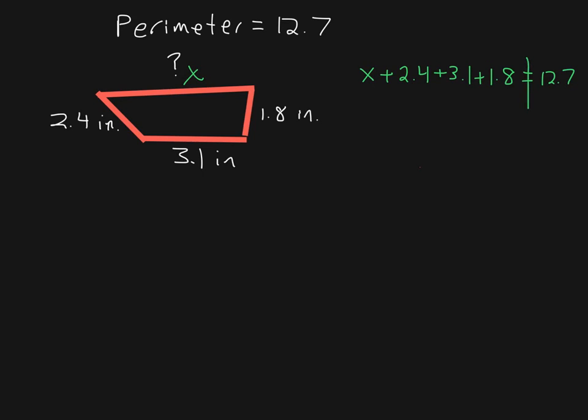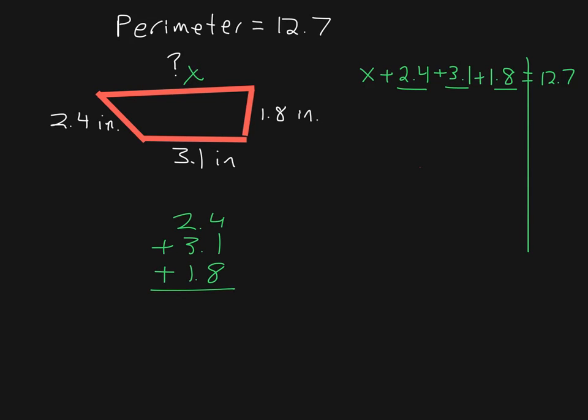Now if we're going to solve this equation to find x, we're going to draw our line. Now we're going to need to combine like terms. So I'm going to combine 2.4, 3.1, and 1.8. We're going to add those together. So 2.4 plus 3.1 plus 1.8.